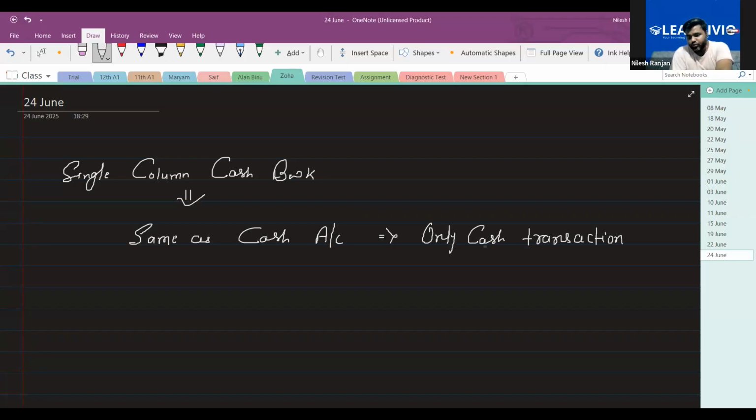And as per the rule, on the debit side, all the receipts of cash, and on the credit side, payments in cash will be recorded.